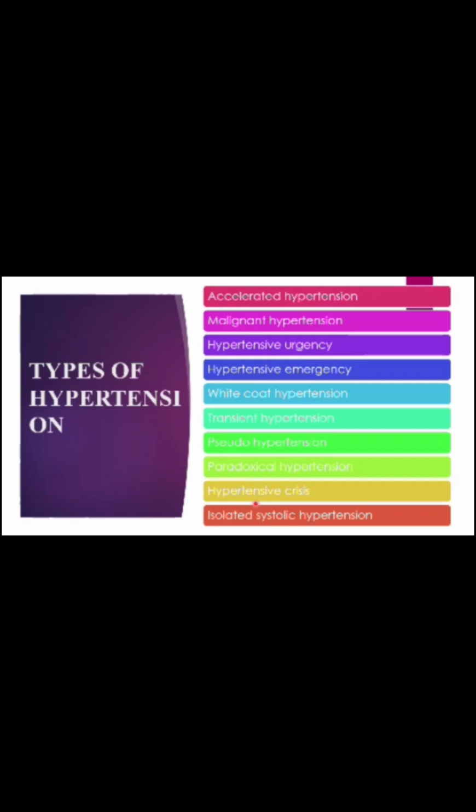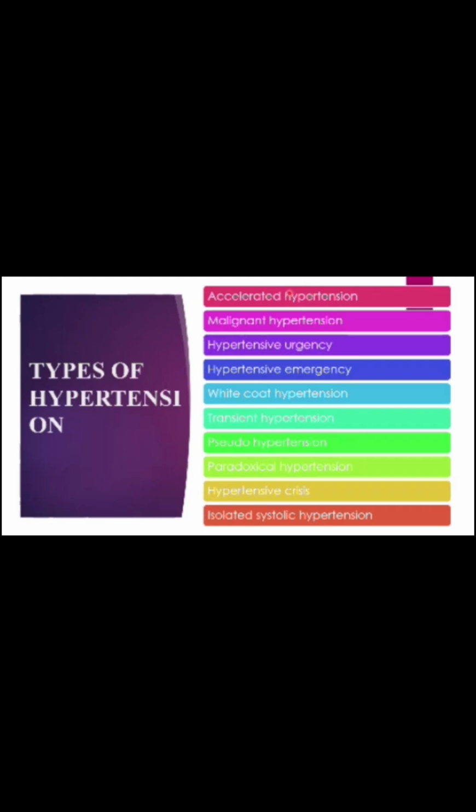So there are several types of hypertension: accelerated hypertension, malignant hypertension, hypertensive urgency, hypertensive emergency, white coat hypertension, transient hypertension, pseudo hypertension, paradoxical hypertension, hypertensive crisis, and isolated systolic hypertension. So, accelerated hypertension.